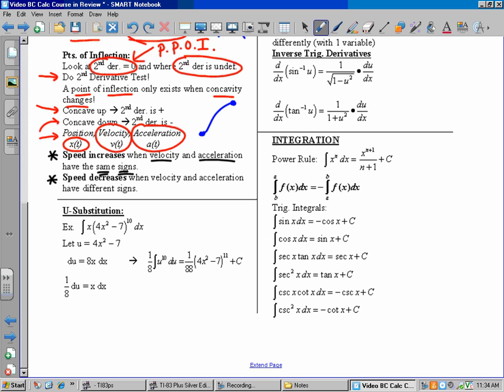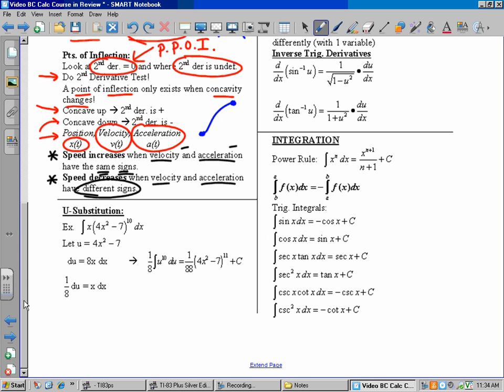So velocity could be negative, and acceleration could also be negative. That means the speed increases. Since the velocity is negative, the particle is going backwards. But since velocity and acceleration both have the same sign, the particle will actually be going backwards faster and faster and faster. Its speed would be increasing.